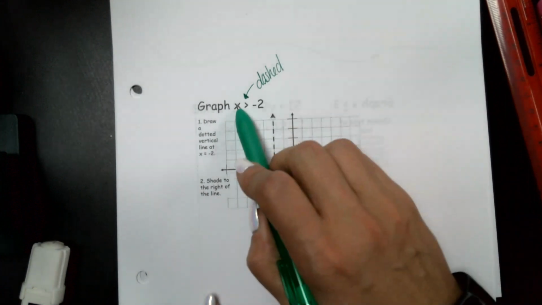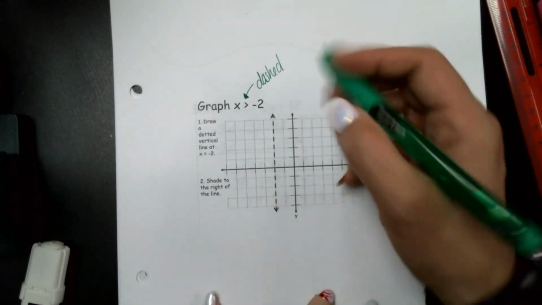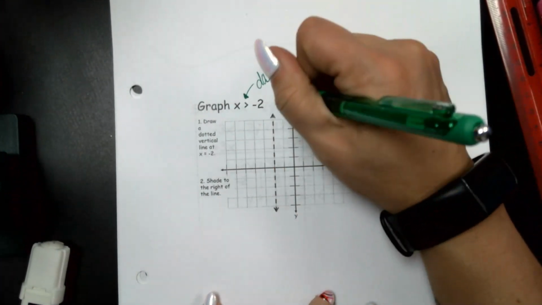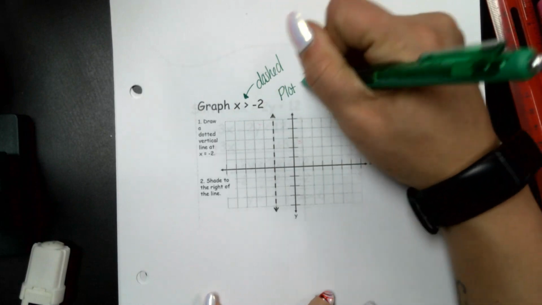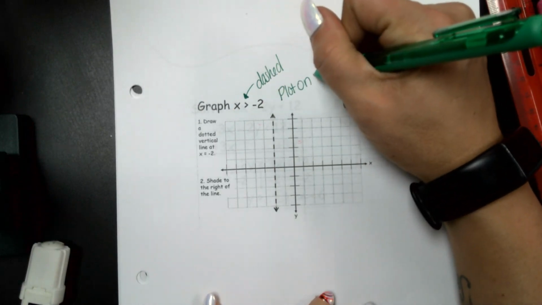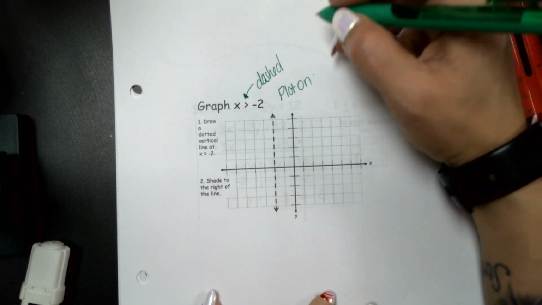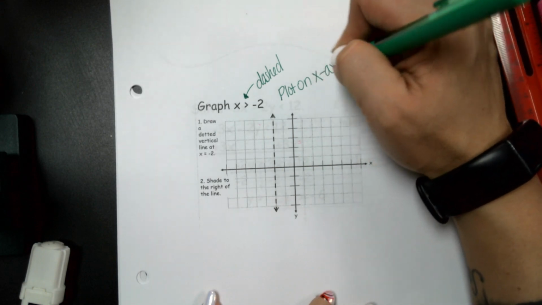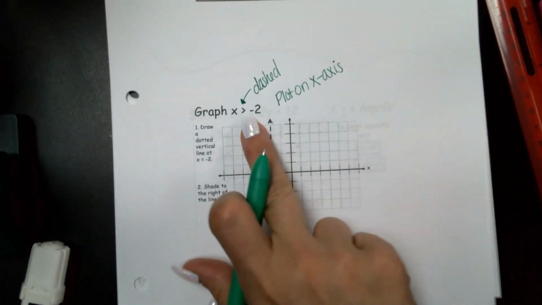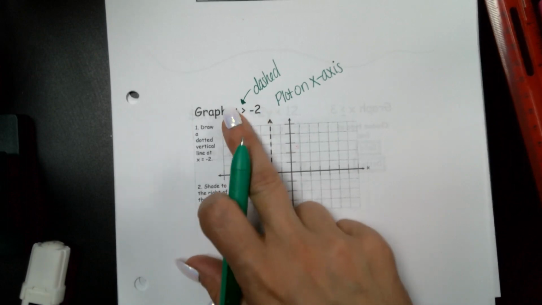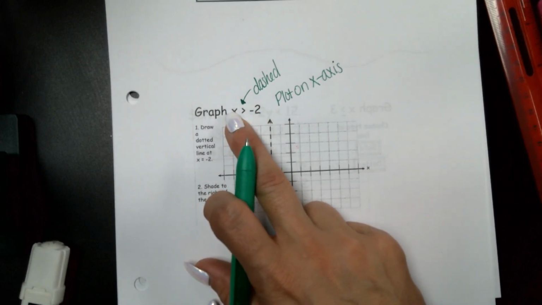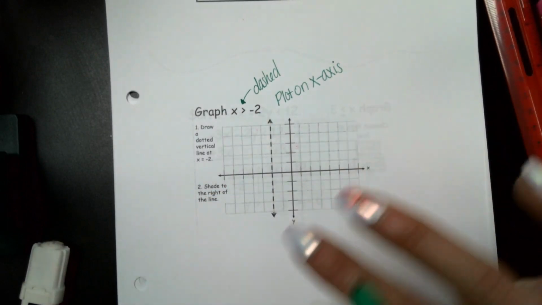Okay, so for the x being -2, this is the only time we plot on which axis? The x-axis, thank you. The only time you plot your first point, this number, on the x is when the inequality starts with the letter x. There's no y involved, okay?